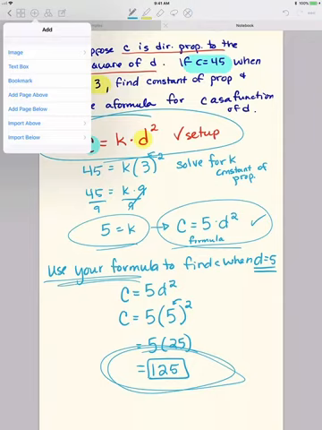Okay, so here we'll do another example of the direct one. So say you have y is directly proportional to x, and you're given that y is 6 when x equals 4.